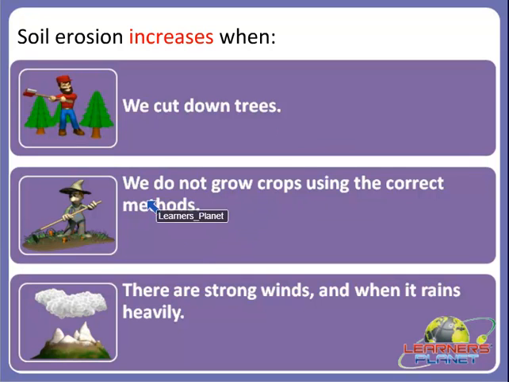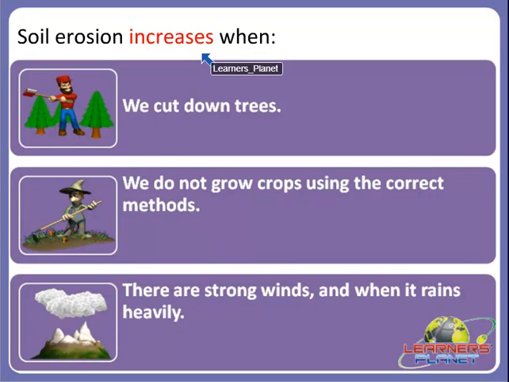Then second is we do not grow crops using the correct methods. So children, always remember that you should grow crops using the correct method, right? And when there are strong winds and when it rains heavily, soil erosion increases, right?